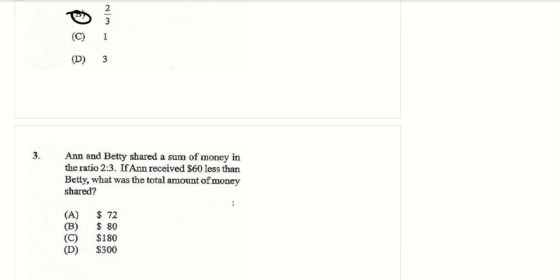Anne and Betty share a sum of money in the ratio 2 to 3. I told you, the order of the names is the order in which the ratio is given. So Anne would be 2, Betty would be 3, right? If Anne receives $60 less than Betty, that means the difference between Anne and Betty is 60.